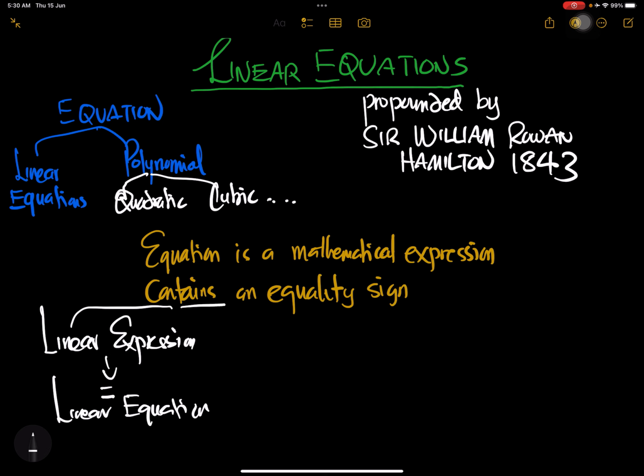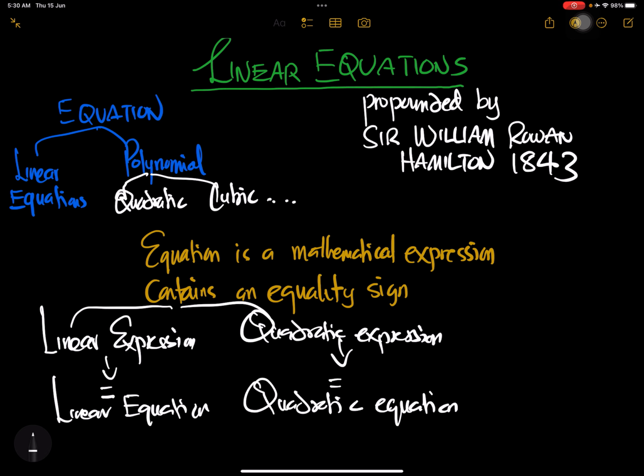We can also have a quadratic expression, which doesn't have an equal to sign, but the moment an equal to sign comes in, it's referred to as a quadratic equation. We'll get there, but we are just looking at the difference between expressions and equations. An equation is where you find an equal to sign in a mathematical expression.